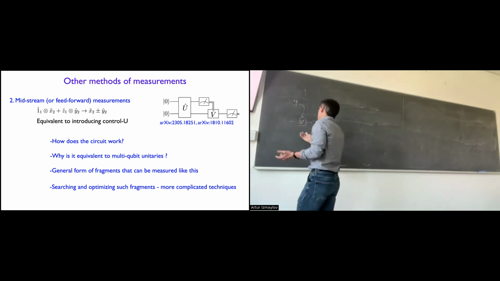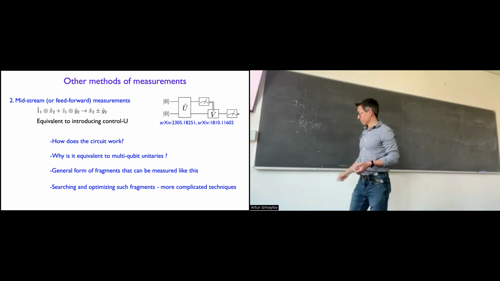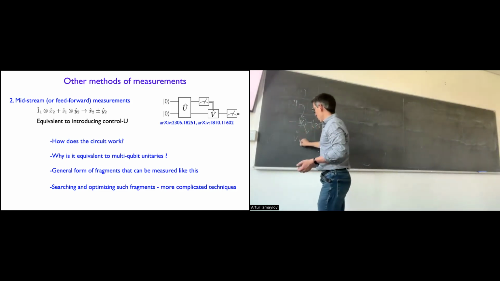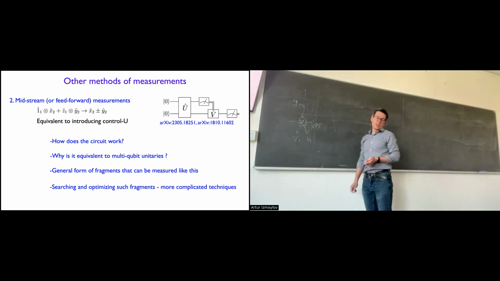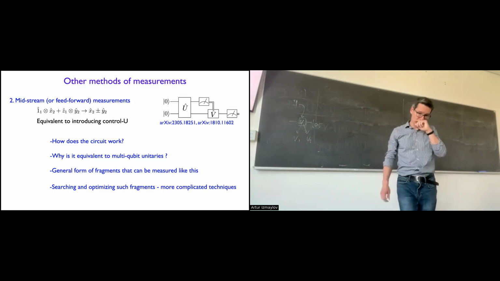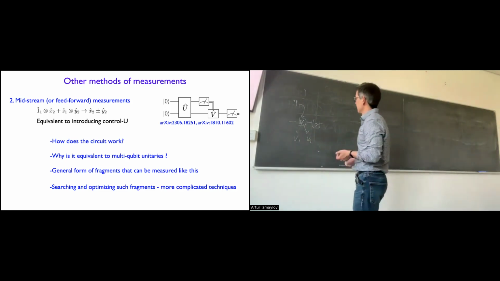Or one can think of using different V's depending on the result of the first measurement, +1 or -1, so V1 and V2. That's the decision making one can do. And there are hardware ways of accomplishing this, right?